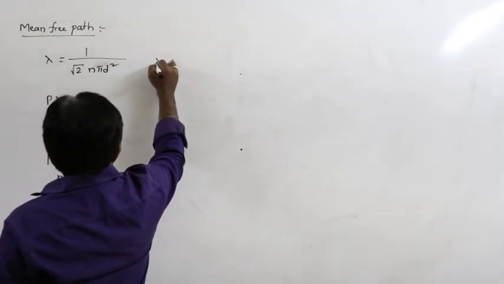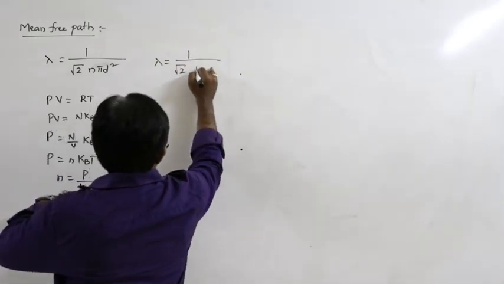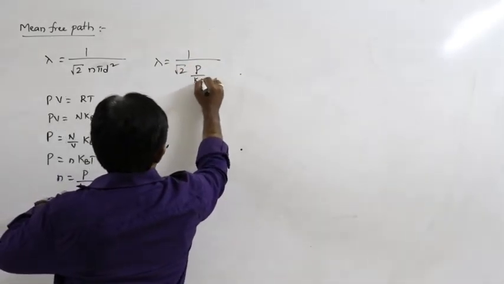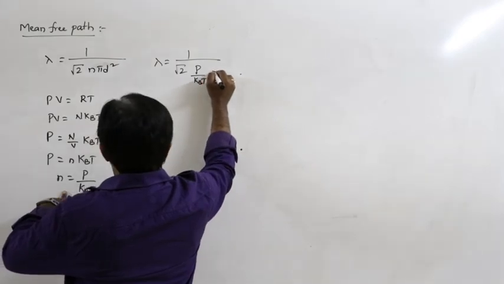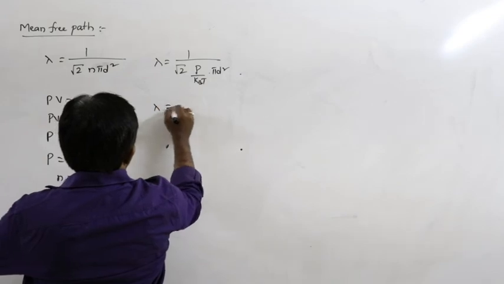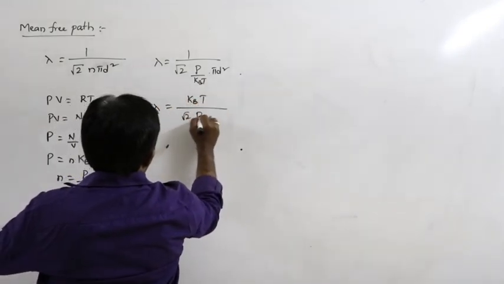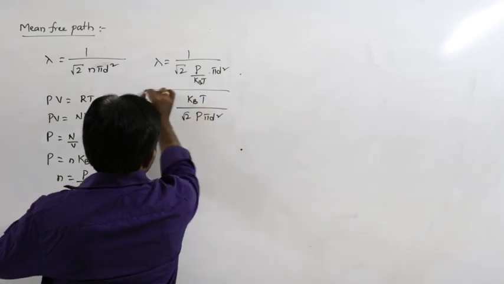So P is equal to n kBT. Therefore lambda can be written as 1 by root 2 pi d square, with n replaced by P by kBT. So lambda is equal to kBT divided by root 2 P pi d square.